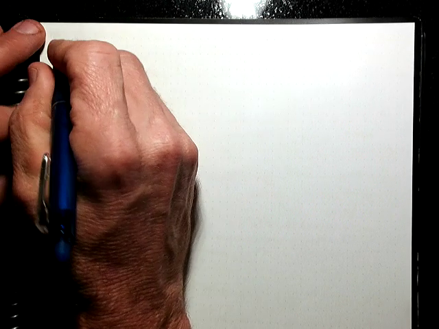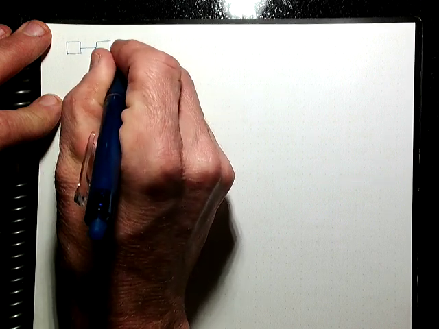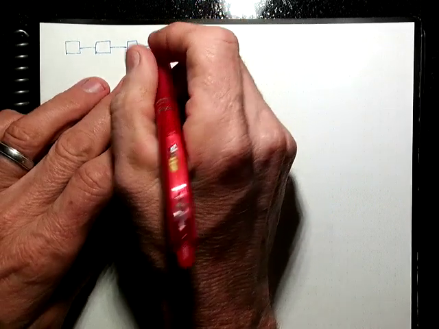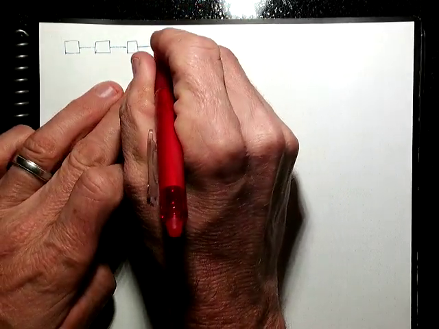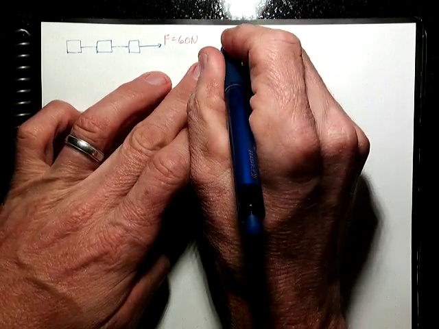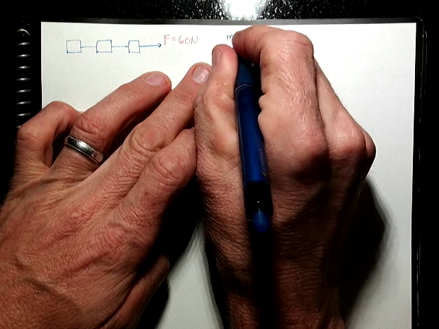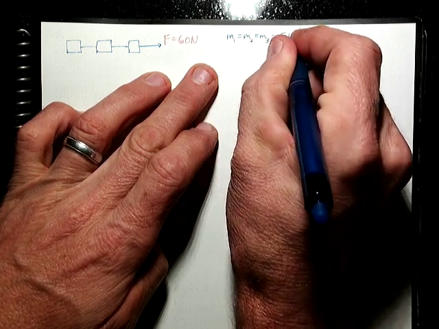So this question had three boxes. One, two, three, and then another rope here. And you were told that this force out here was 60 newtons. And you were told that each box had a mass, mass of box 1, mass of box 2, and mass of box 3 were all 5 kilos.